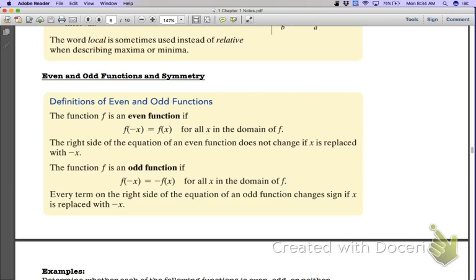Whereas if we plug in a negative value for x, and it changes to a negative value for y, it's odd. With an even function, the right side of the equation doesn't change if x is replaced with a negative. So thinking about it, is it symmetrical? That's the easiest way to think about it.